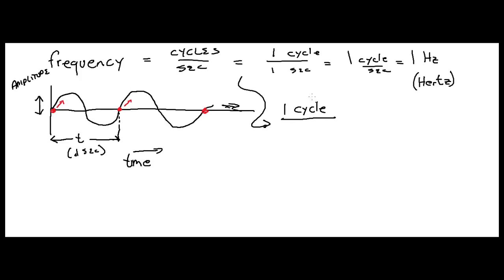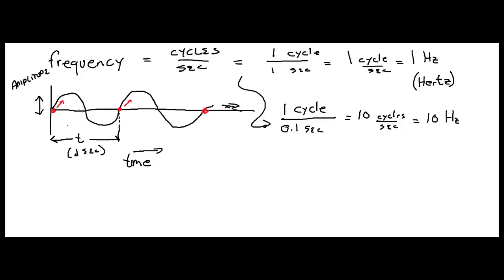But the time, instead of 1, is going to be 0.1 seconds, which is going to be equal to 10 cycles per second, which would equal 10 hertz. Get it?